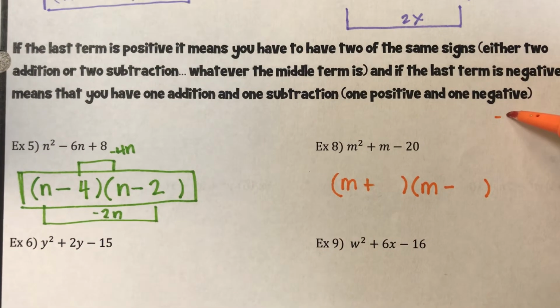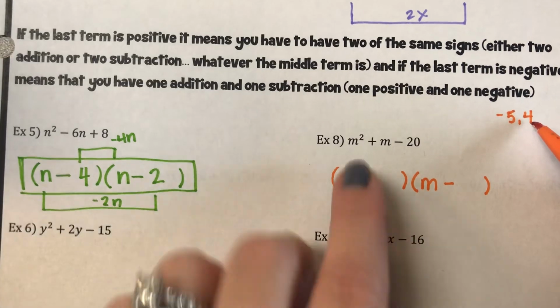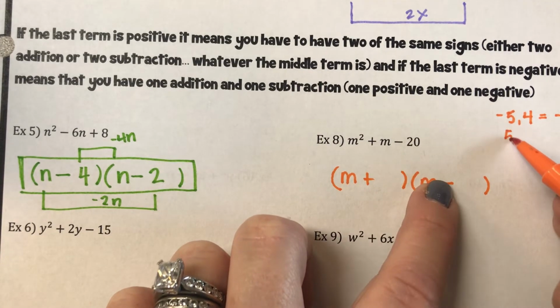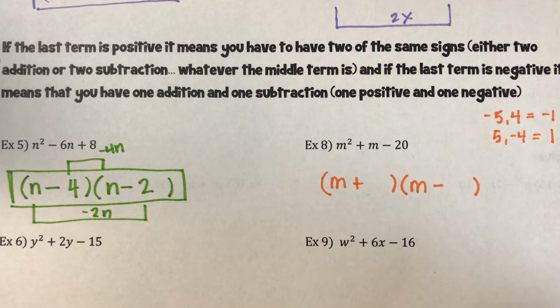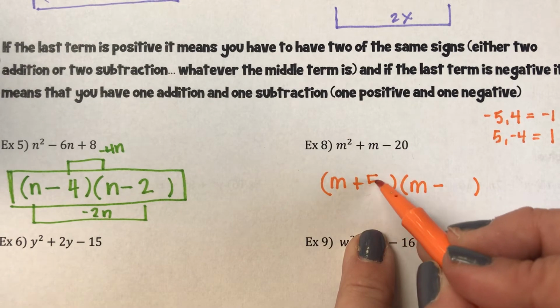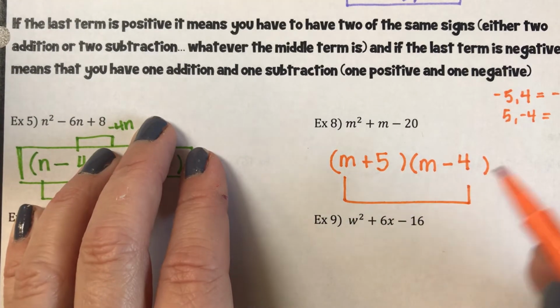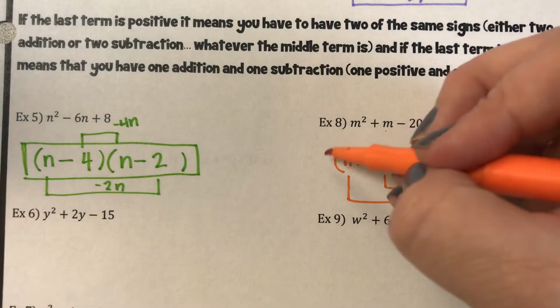Right? Like you could do negative 5 times 4 to get negative 20, right? And that's going to give you a sum of negative 1. What's 5 and negative 4? That's a sum of positive 1. So that's what I need, positive 5 and negative 4, because negative 4m plus 5m is positive 1m.